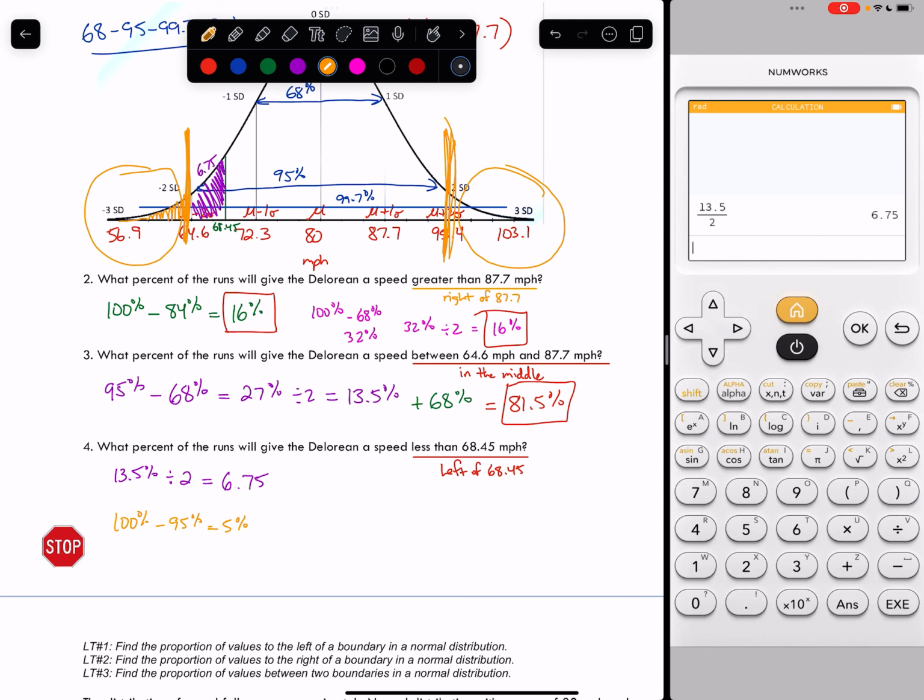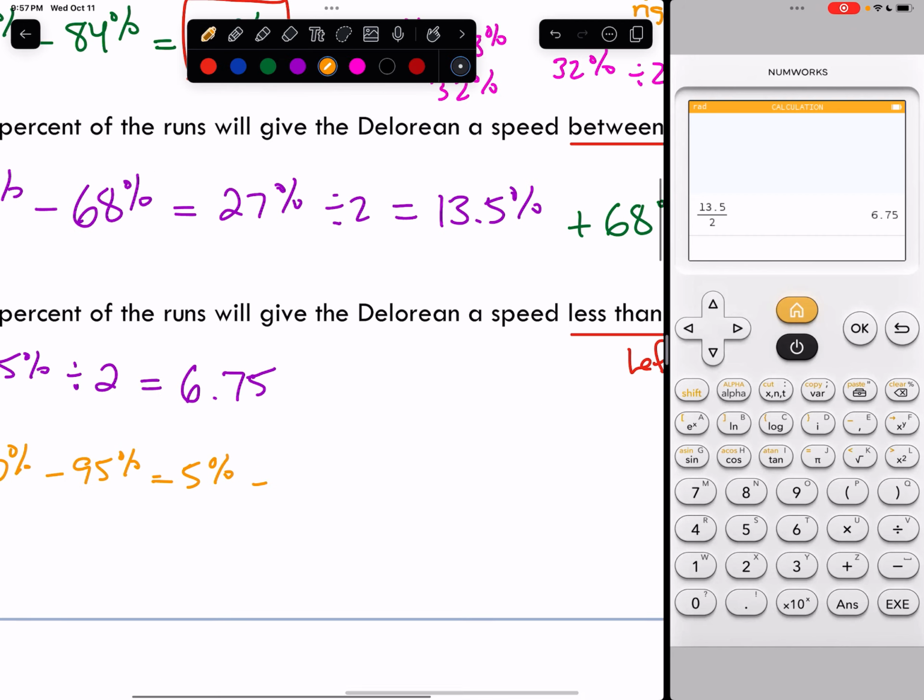And so if both of those combined are 5%, if I only want one of them, right, I don't need the right one, I just need the left one, and then I'm going to again cut that in half. I'm going to divide by 2. So we're going to take that 5%, we're going to divide by 2, and that gives us 2.5%.